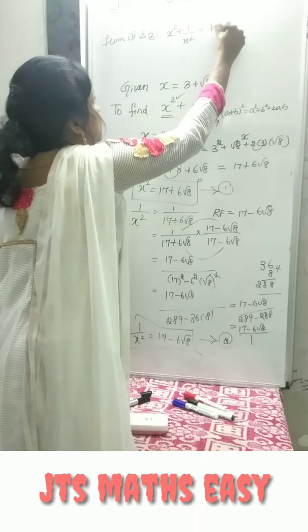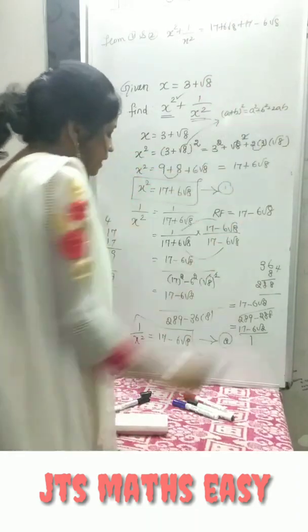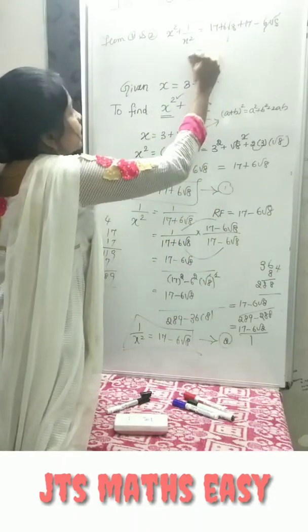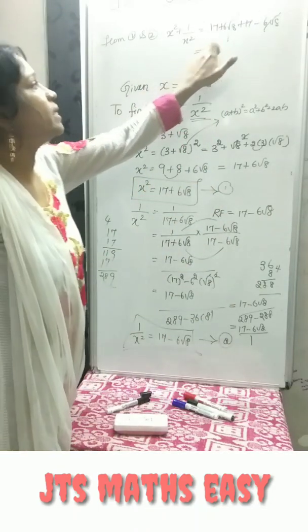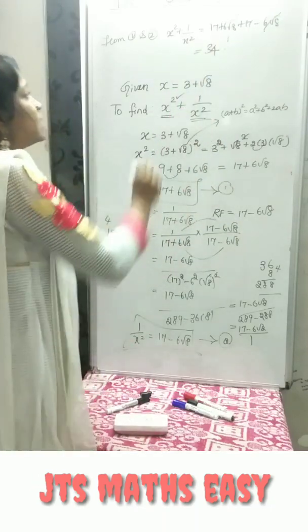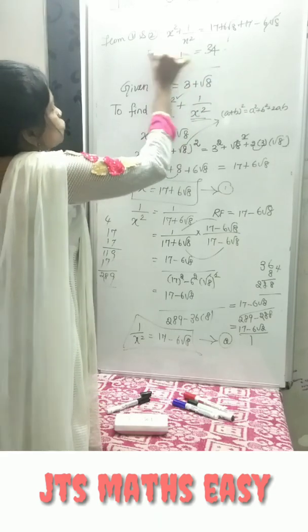It is 17 plus 6 root 8 plus 17 minus 6 root 8. The 6 root 8 and minus 6 root 8 get cancelled, and 17 plus 17 is 34. So that is the answer for your x square plus 1 by x square.